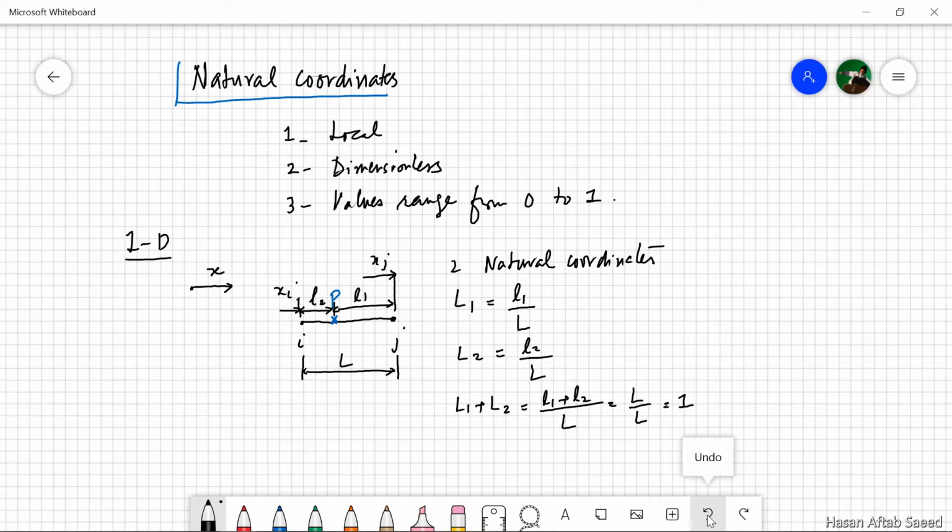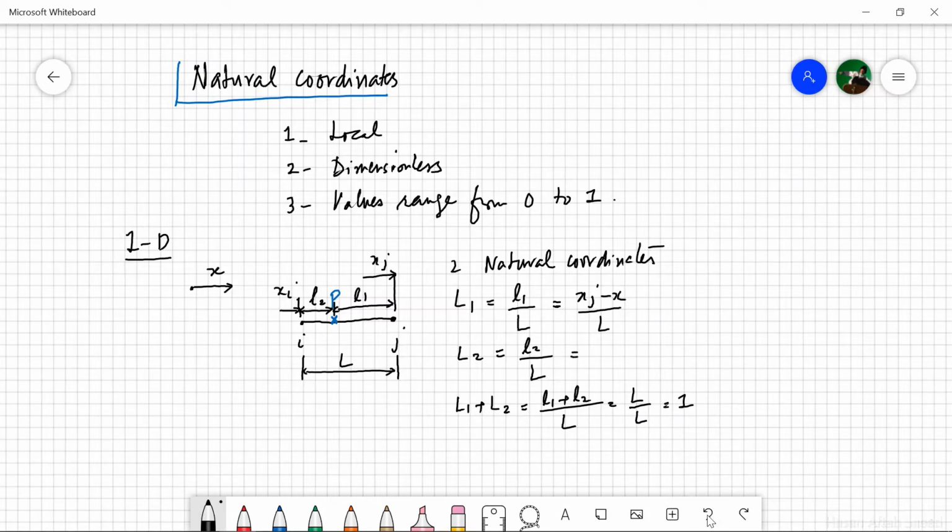In fact, small L1 is nothing but, according to this diagram, xj minus x over L. And x is the variable. Wherever this P is, that is x. And this x is measured from this origin on the left. So this is exactly the same expression as that for Ni.